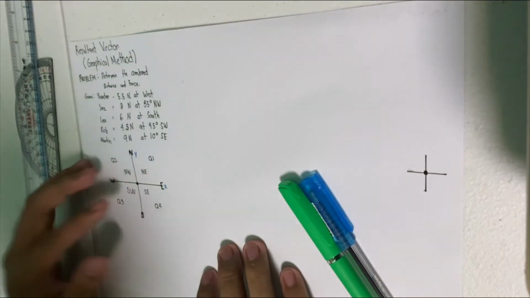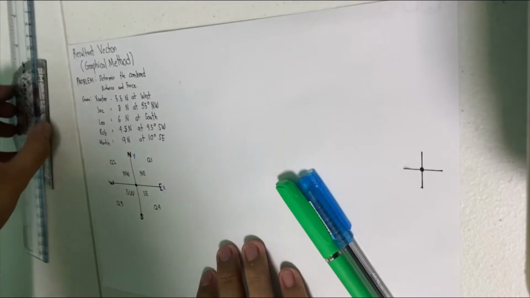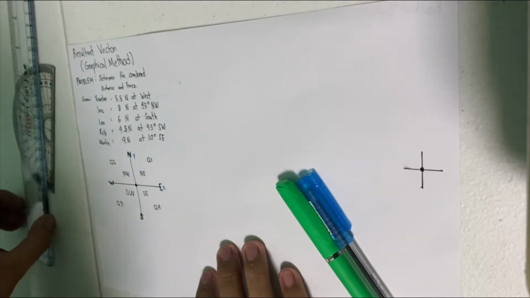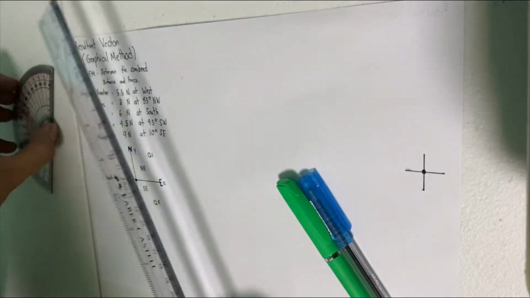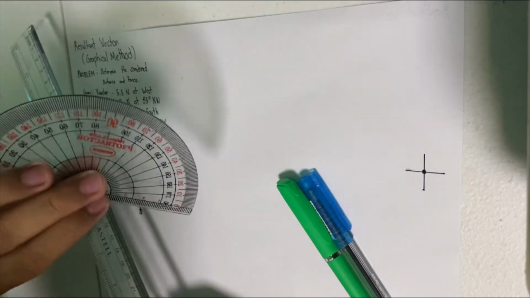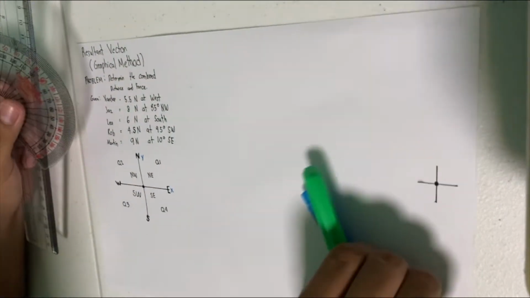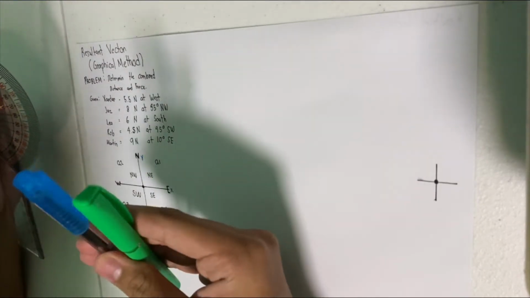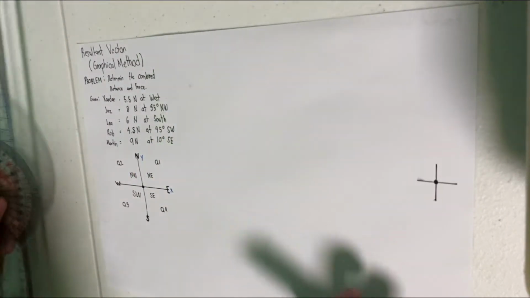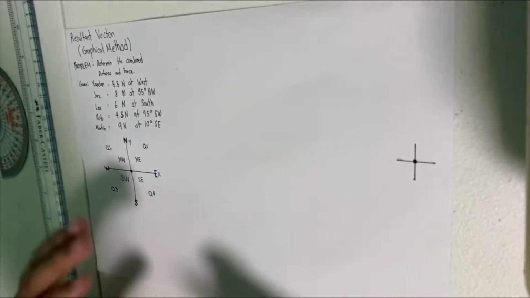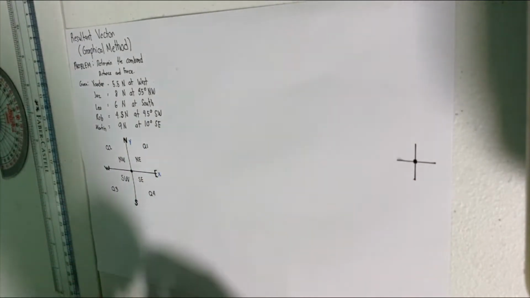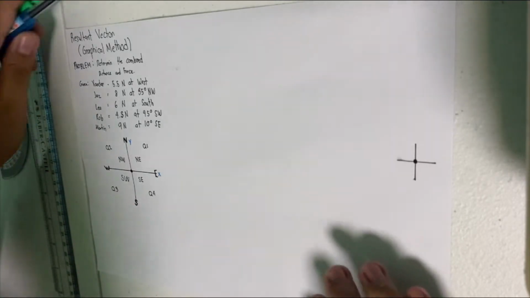But first, let me repeat the materials needed for the graphical method. The ruler, of course, this protractor, and the two different shades of ball pen so that it doesn't get messed up.